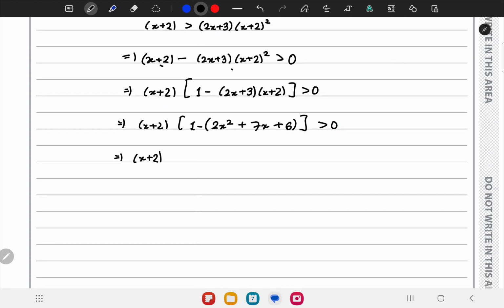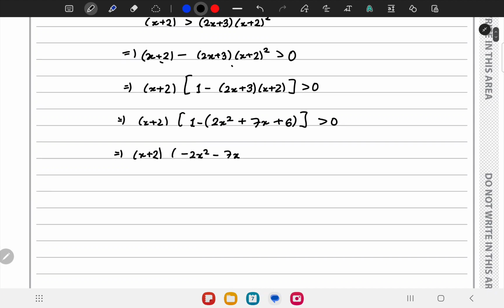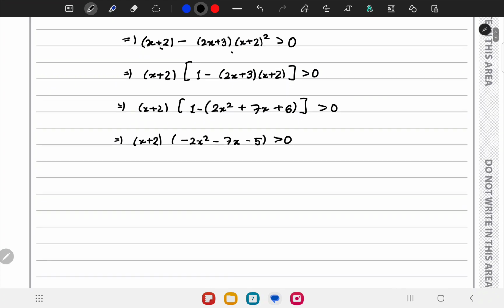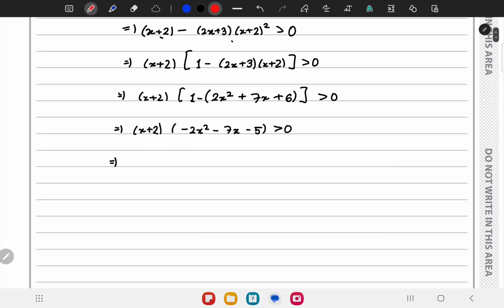From this we get x plus 2 times minus 2x squared minus 7x minus 6 plus 1, so minus 5. We can take the negative out of this over here. So we can take the negative out, put it in the front, we get 2x squared plus 7x plus 5 greater than 0.